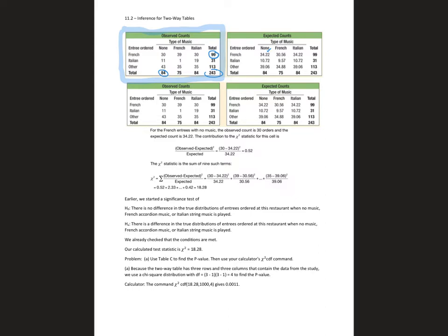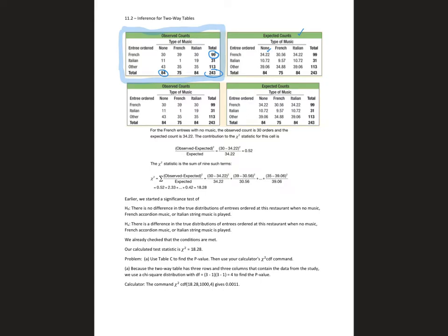So we did that for each cell in the table. Good news is you could get all these expected counts in your calculator. So there is a process for doing that. Your calculator can give you all the expected counts really fast, but you do need to know how to calculate these all on your own.